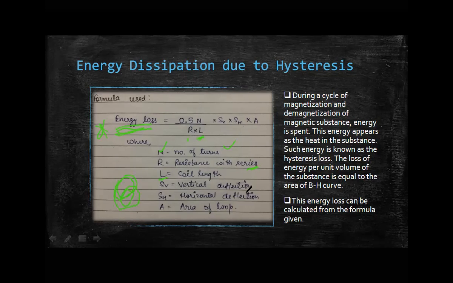SV is the vertical deflection. SH is the horizontal deflection. A is the area of the loop.